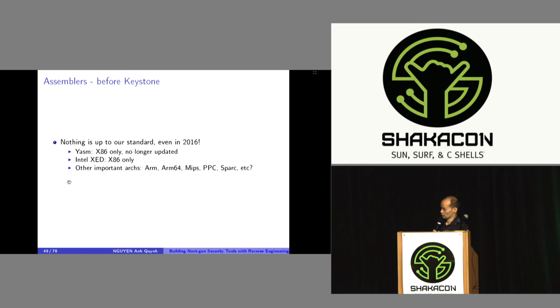And there's one framework from Intel, XED, which was open sourced recently this year. But unfortunately, while this one is very good, it only supports Intel x86 and nothing else. If I want an assembler framework for ARM, ARM64, MIPS, PowerPC, Sparc, there's just nothing.